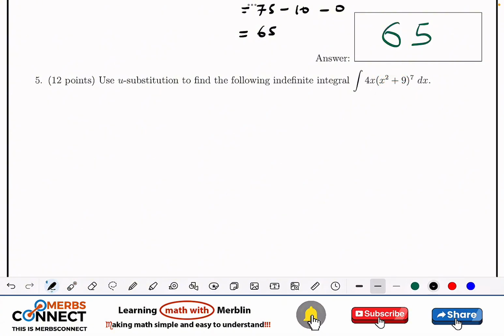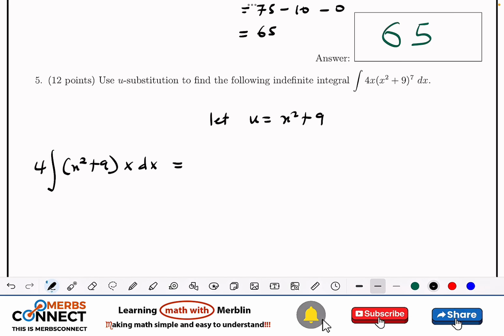So here, I'm going to let U be equal to x squared plus 9. Look at something here. If I do that, I write my integration as x squared plus 9, or I factor the 4 out, then x dx.